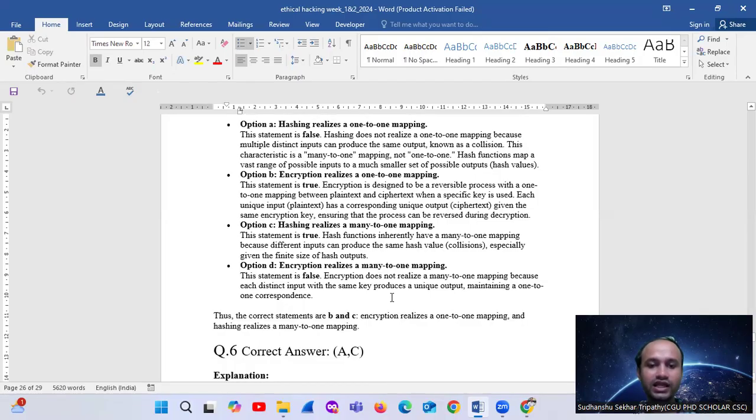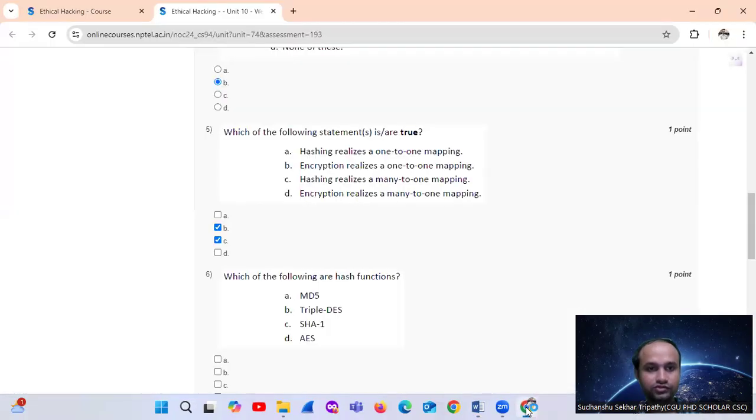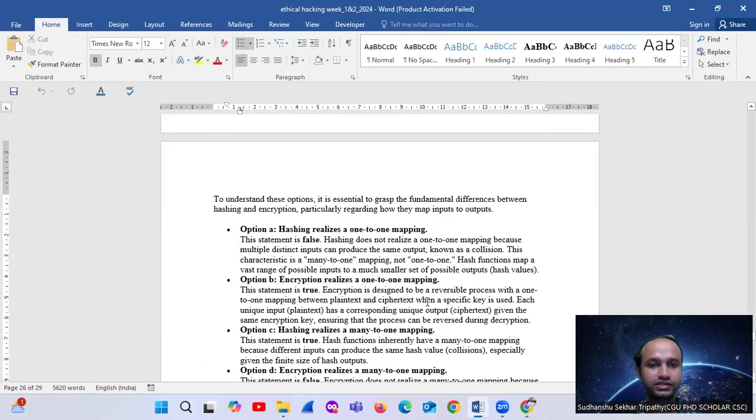This is false. Encryption does not realize many-to-one mapping because each distinct input with the same key produces a unique output, maintaining a one-to-one correspondence. Okay. So the correct statements are B and C: encryption realizes one-to-one mapping and hashing realizes a many-to-one mapping. So the answer is true, B and C.